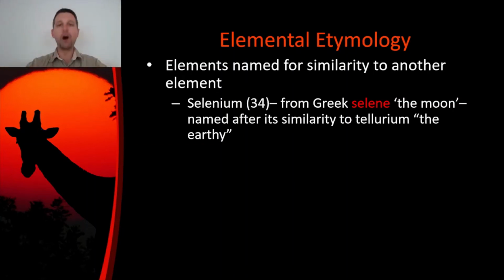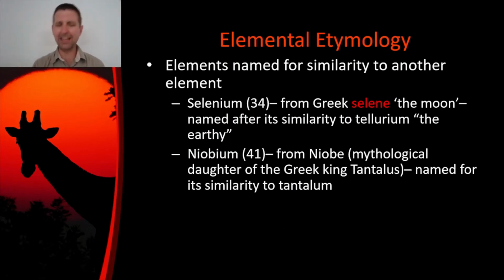Selenium is right above tellurium on the periodic table, and so for lack of a better source of inspiration, they just named it after another thing that might go with it, which I guess they decided was the moon. So you have the earthy element and the moony element, and they kind of go together.